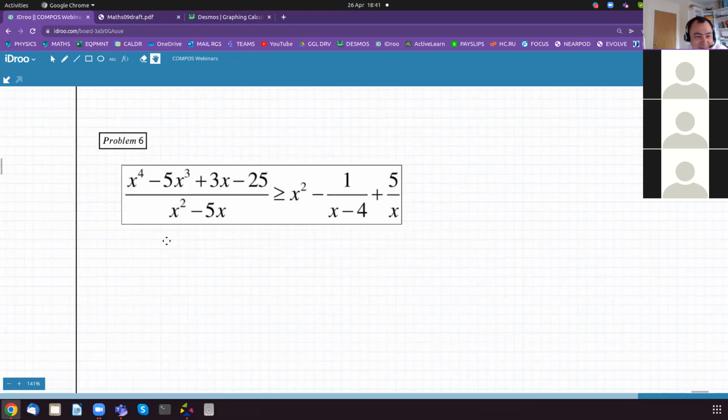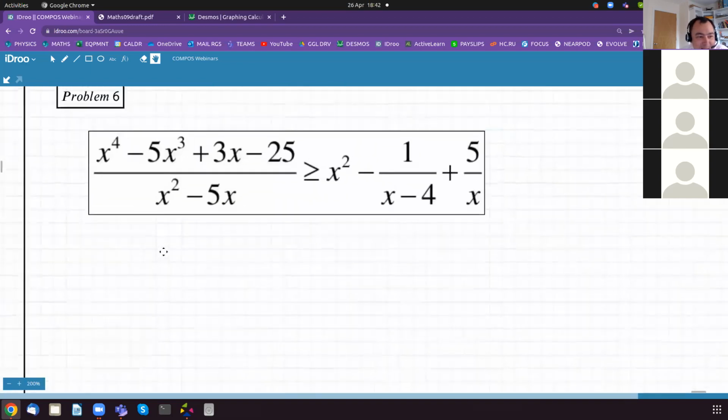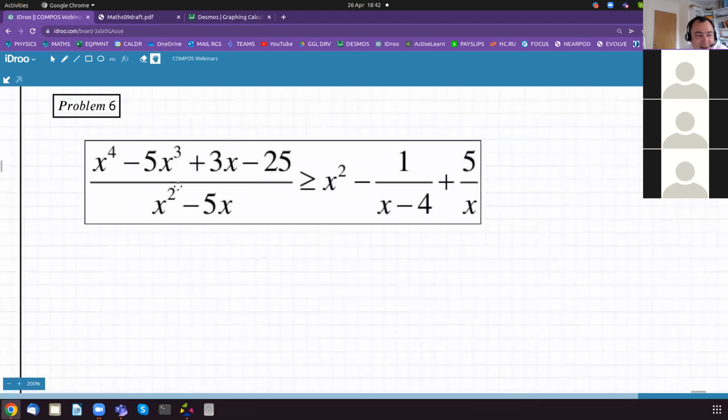I don't know if you see it, but you can do it straight away. You can find the common denominator. The common denominator is going to be x minus 5, x minus 4. The problem with this is that when you multiply this out, you're going to have x to the power 5 on the top. And that's going to be very difficult to deal with.